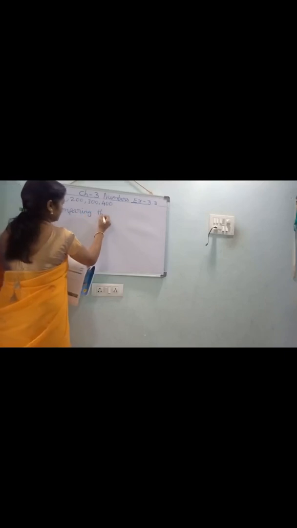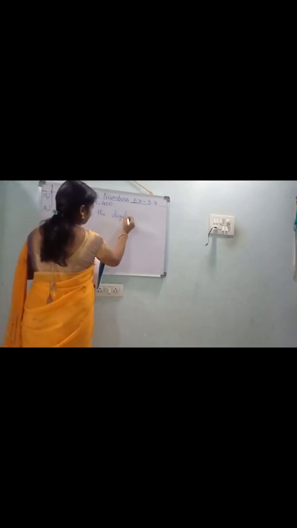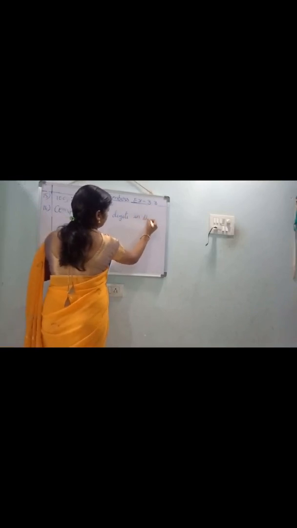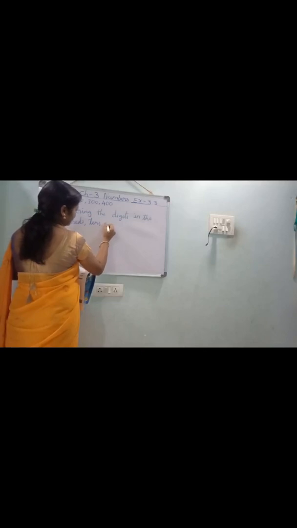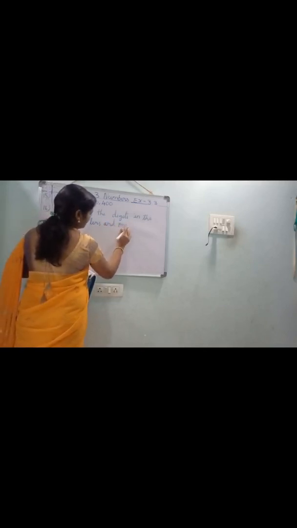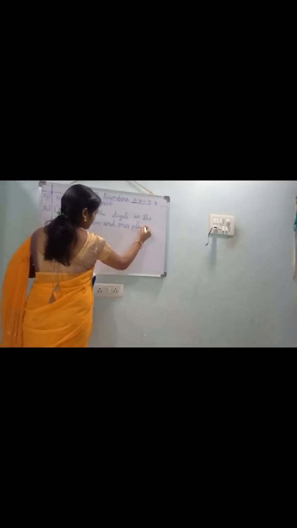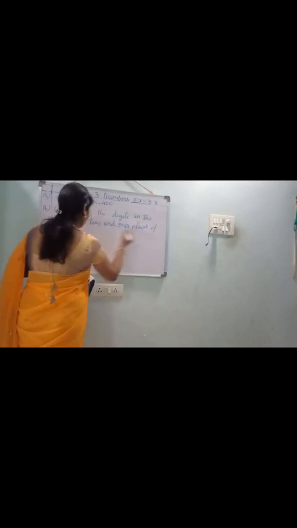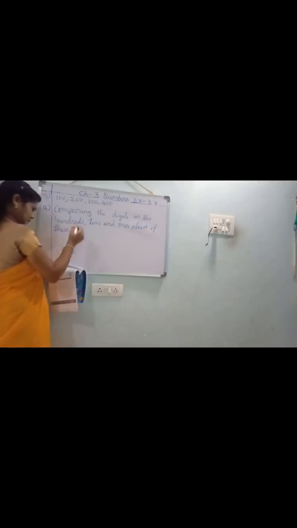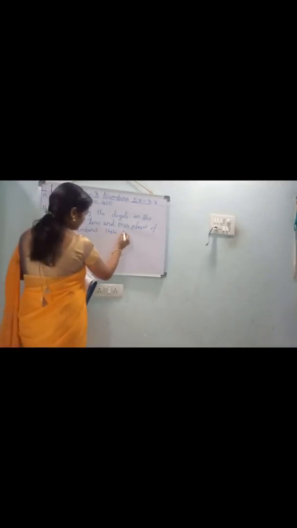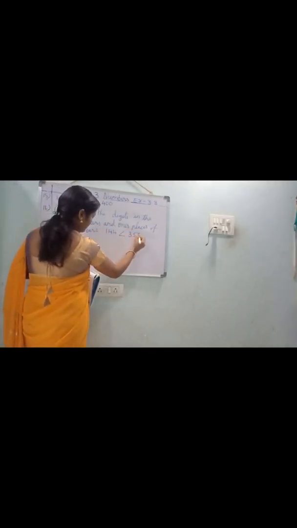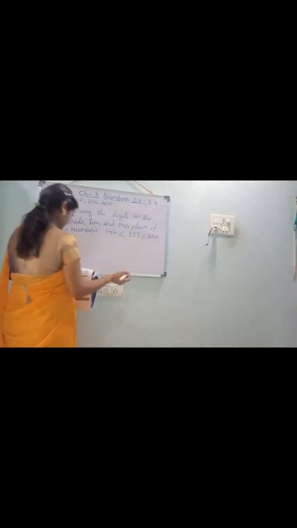Comparing the digits in the hundreds, tens and ones place of these numbers: 114, 353, 400. Yes.